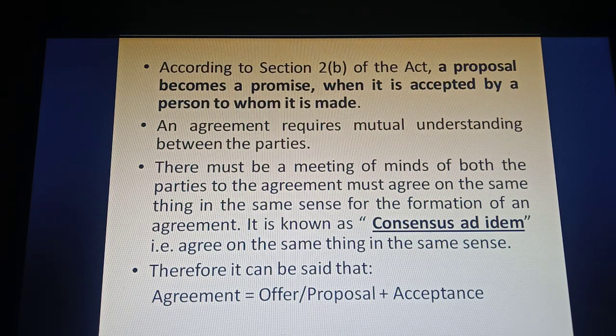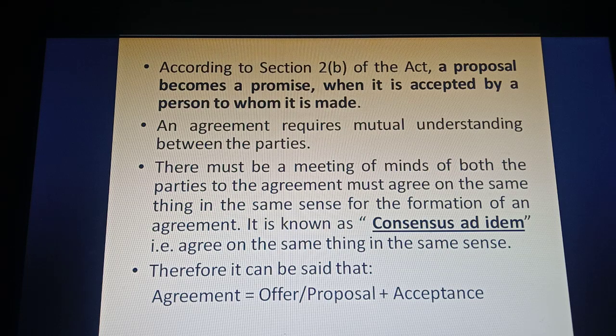And an agreement requires mutual understanding between the parties. There must be mutual understanding between the parties. That means to say, there must be a meeting of minds of both the parties to the agreement. They must agree on the same thing in the same sense so that an agreement can be formed. If they do not agree on the same thing in the same sense, then there will be no formation of an agreement.